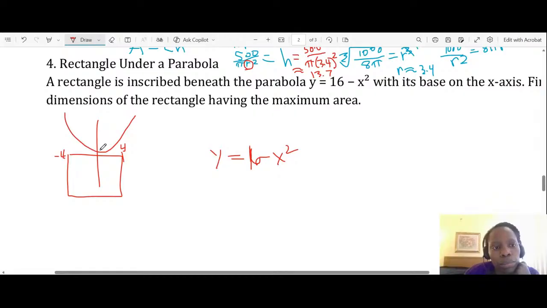Oh, I see, but the parabola is like that, not up. That's why it's inscribed. All right, and I put 16 when it should have just been 4. Okay, y equals 16 minus x squared.